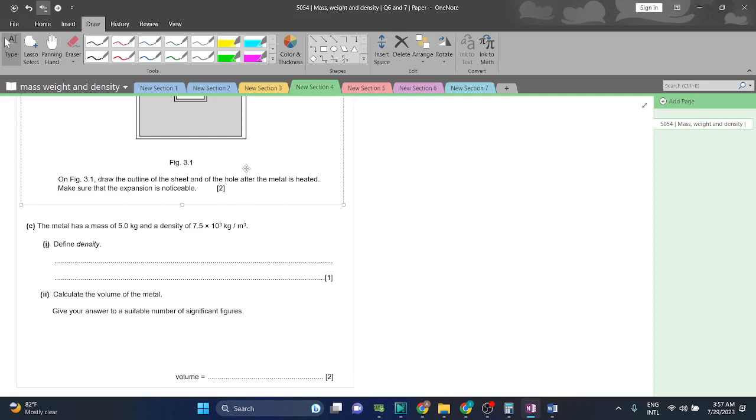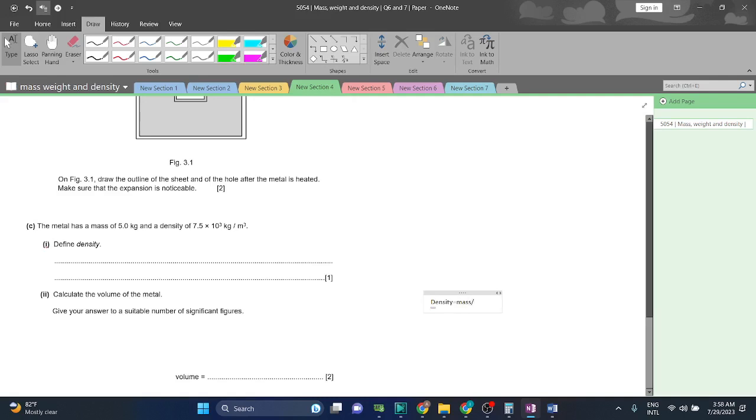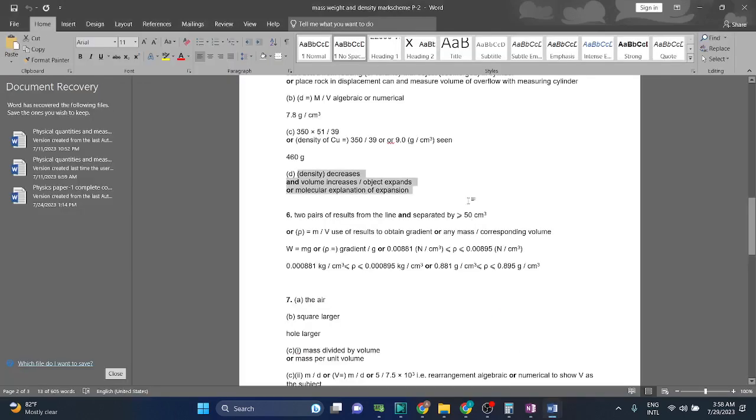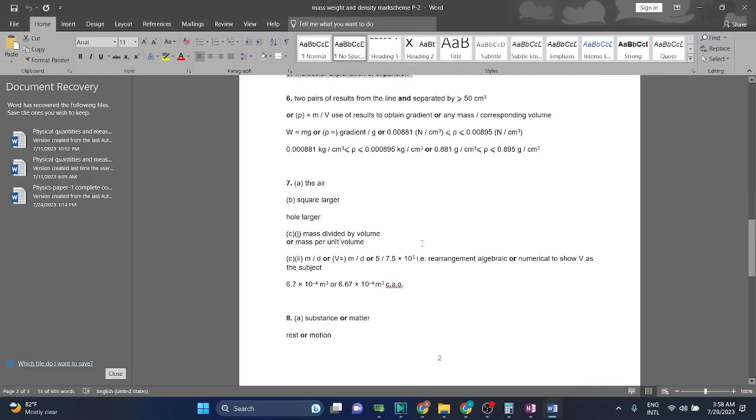So we have mass, we have density. Density is equal to mass divided by volume. We have density, which is 7.5 times 10 raised to the power of 3, and we have mass. So we'll just simply divide them, right?